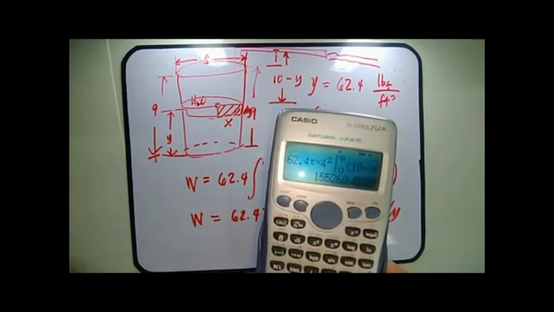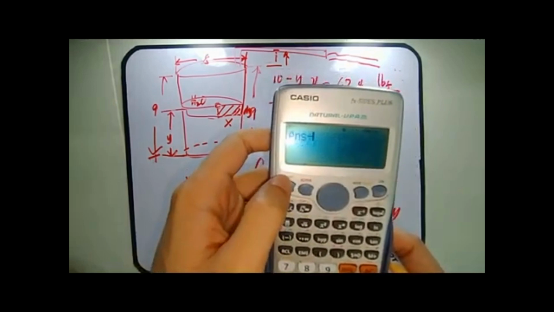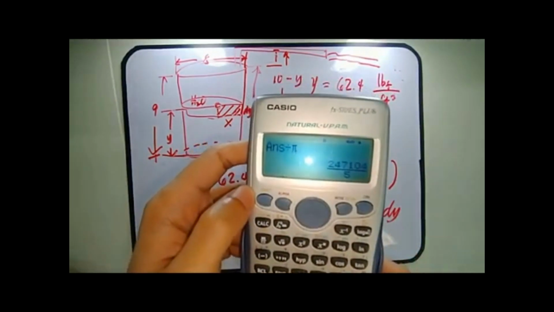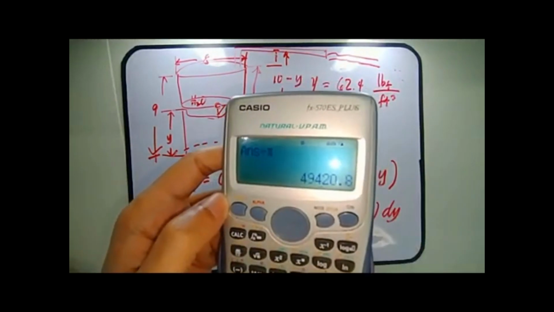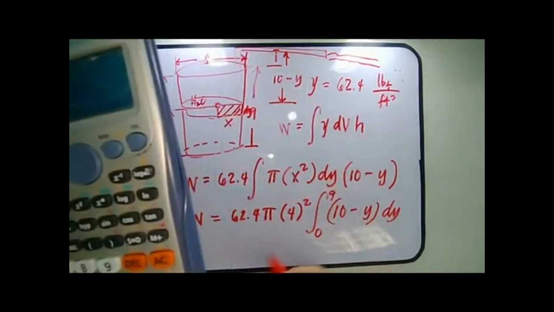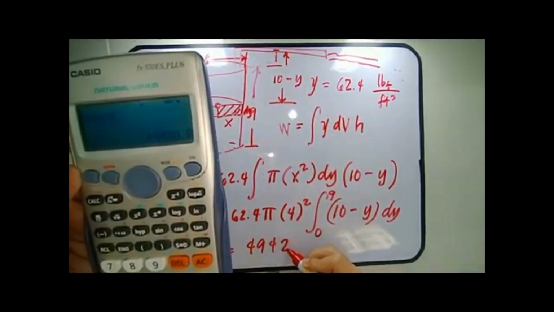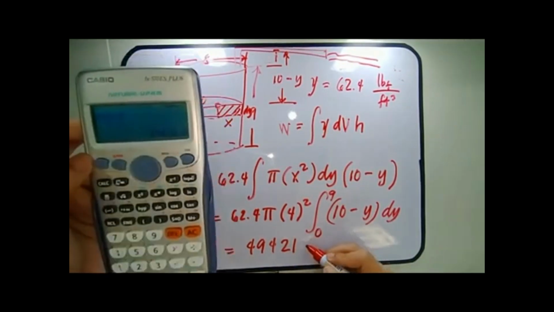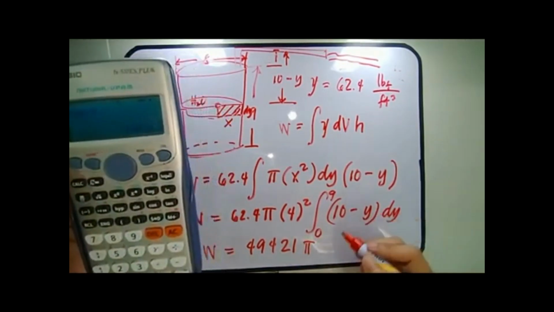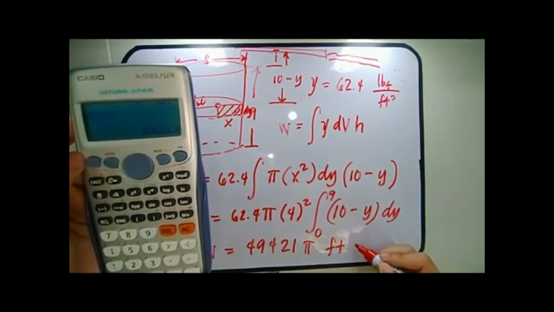Our answer, guys, is in terms of pi, so we divide by pi to get its multiplier. This will become 49421. So work equals 49421 pi. The unit is, of course, English, guys, that is foot-pound force.